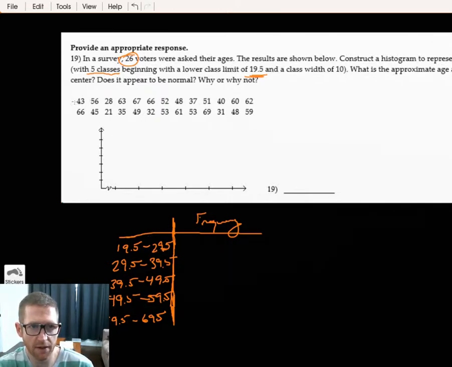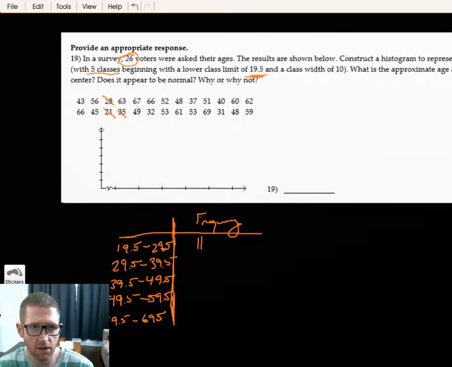So we're looking for the 20s, right? There's 1, 2. I only see 2. All right, so I only see 2. We can just do that. 29.5, so the 30s.